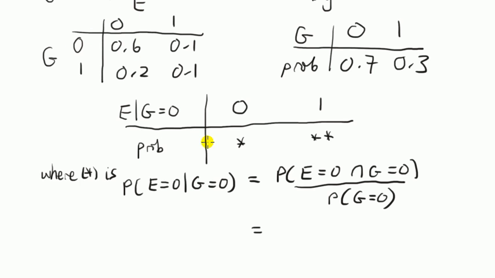E is 0, G is 0, that's a probability of 0.6. How about the probability that G is 0? We get that from the marginal distribution of G. G is 0 with probability of 0.7. And that comes to 0.857, 3 decimal places.